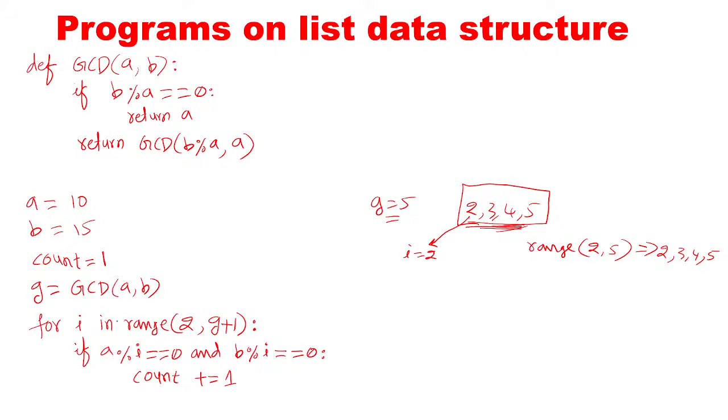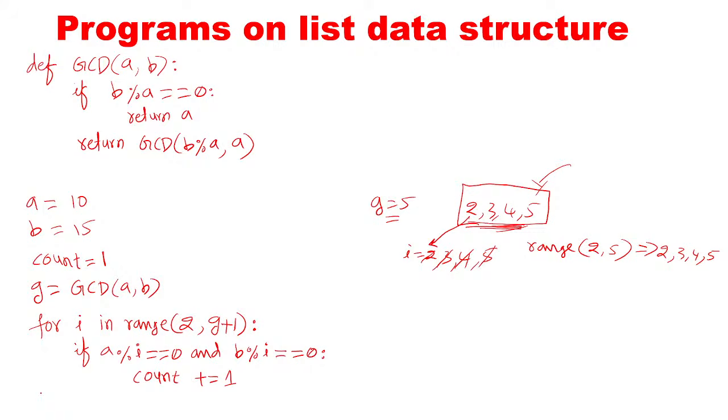Otherwise, it goes to the next number. i gets 3. It checks if 3 divides both numbers, no. Then 4, no. Then 5 divides both these numbers, yes. Count value becomes 2. All the numbers in the sequence are over, so the for loop stops here.